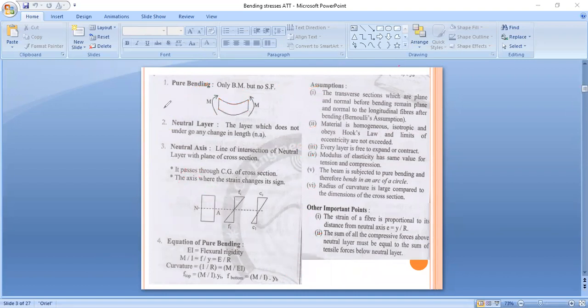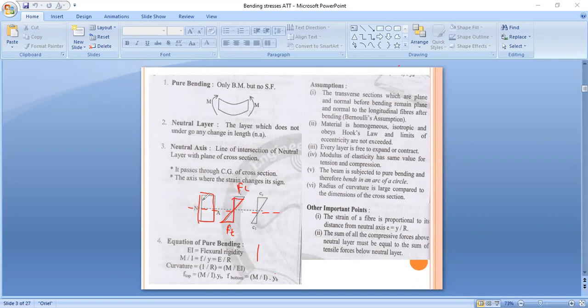Okay. Suppose this is our cross section of beam. This is the neutral axis. Now I will draw the strain diagram for this particular beam. Here compressive stresses are present and here tensile stresses are present. So FC and FT.